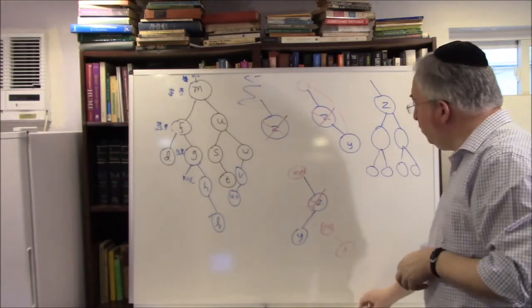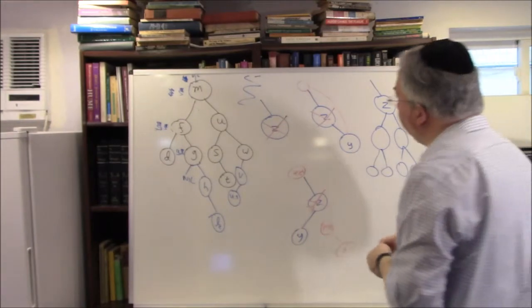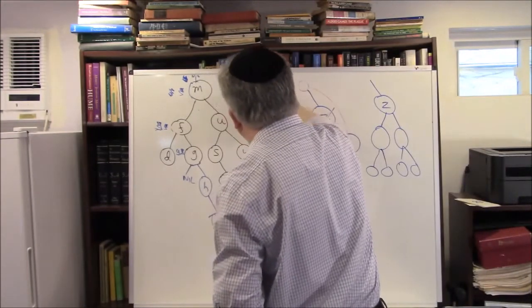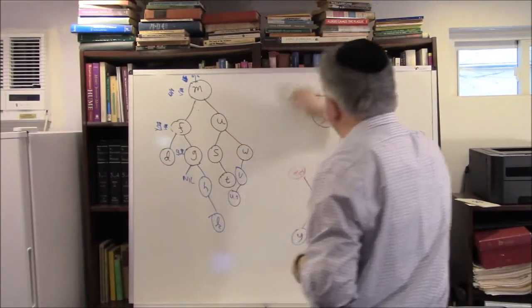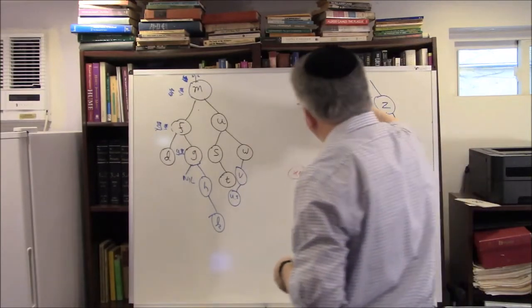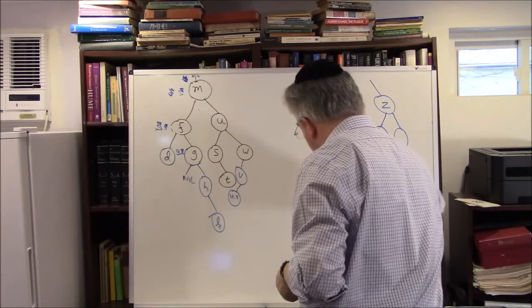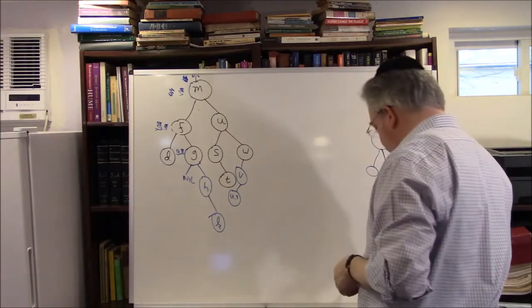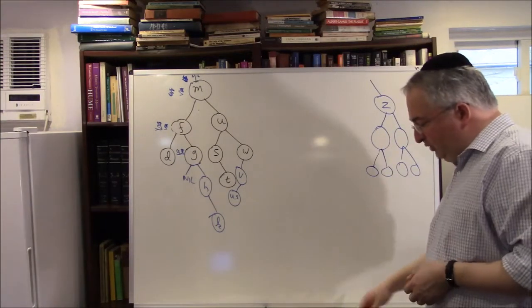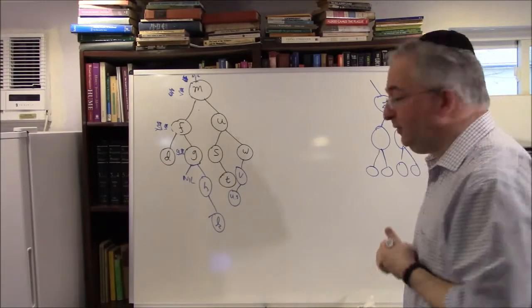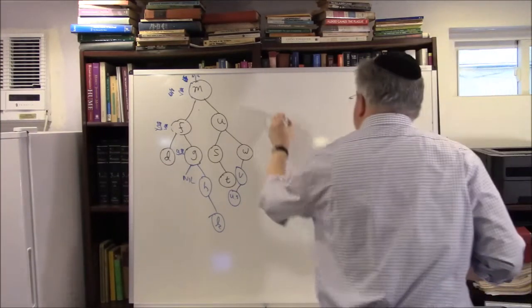Okay. The more interesting case is when you have two children. Let's think about it for a second. If you have two children, who's going to take over for you? In this two children case, there are two types of them. One is as follows.